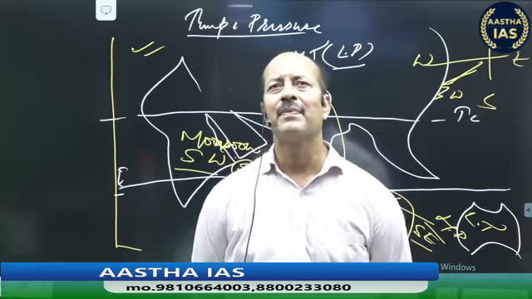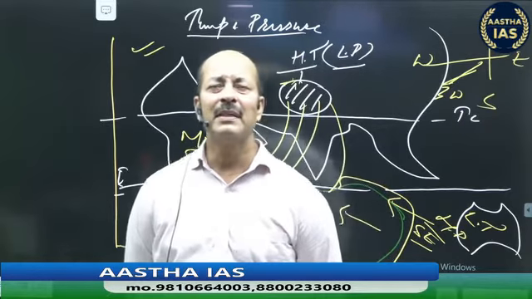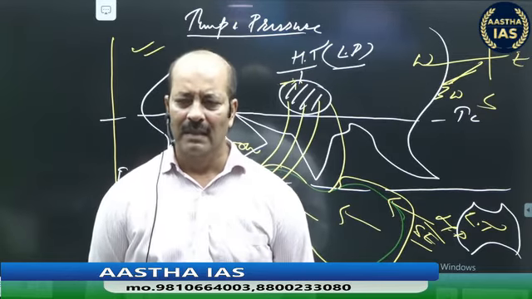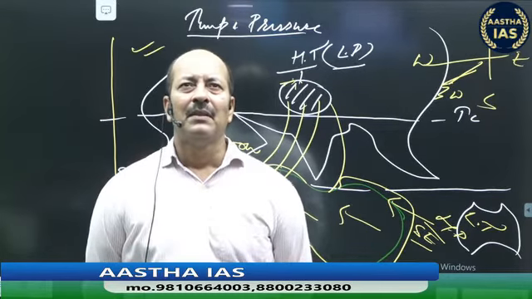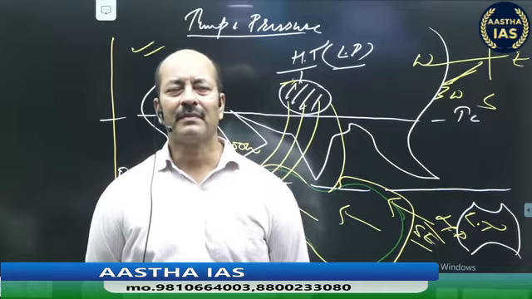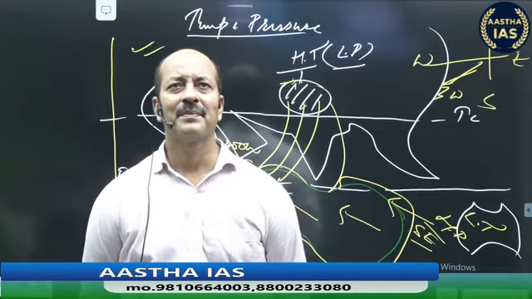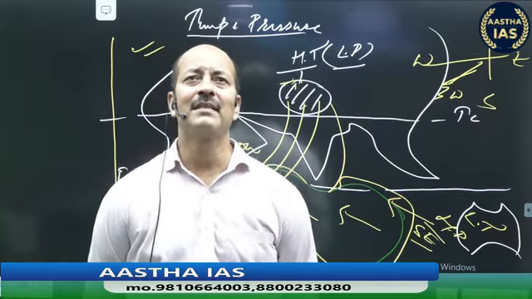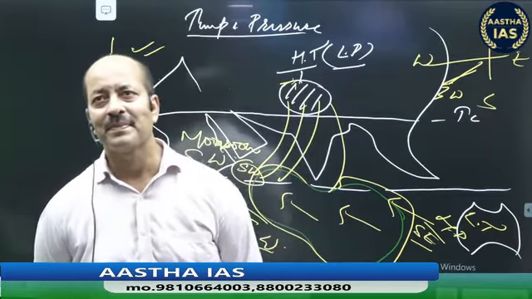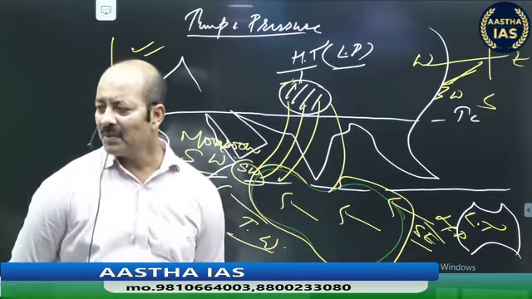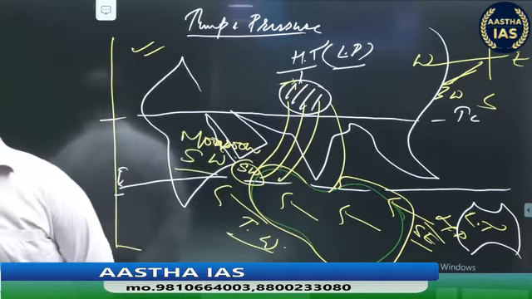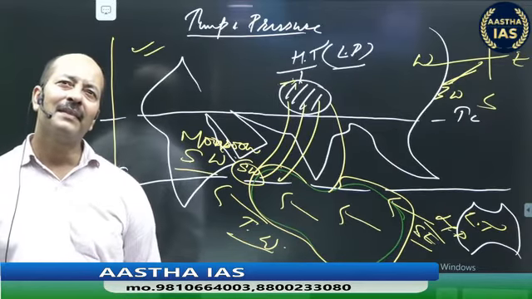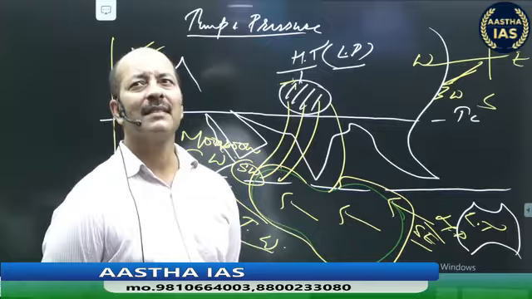The first is the monsoon of the Arabian Sea and the second is the monsoon of the Bay of Bengal. And this monsoon wind is named the southwest monsoon. Have you written that?